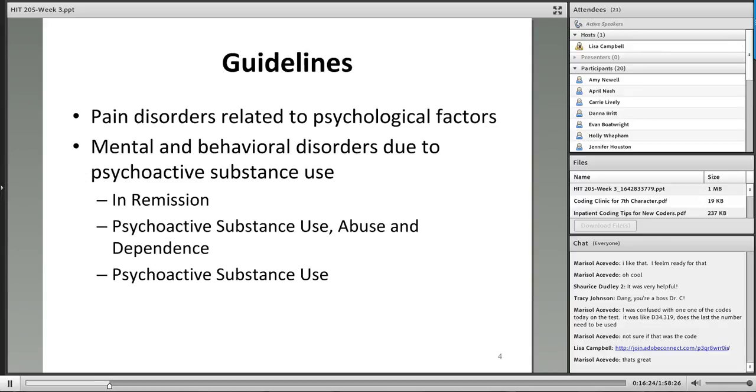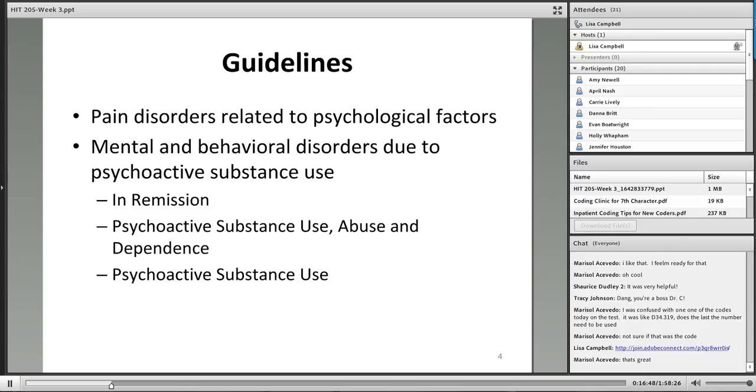F45.41, pain that is exclusively related to psychological disorders, we cannot use code G89 with that code. However, for F45.42, pain disorders with related psychological factors, it should be used with the code from G89.